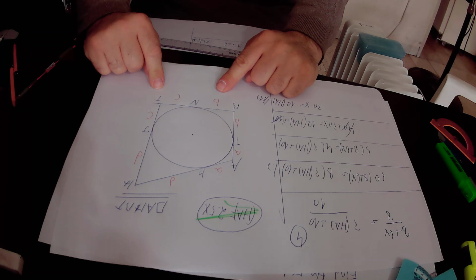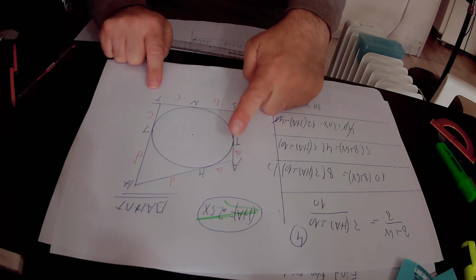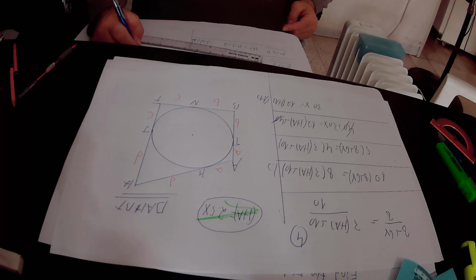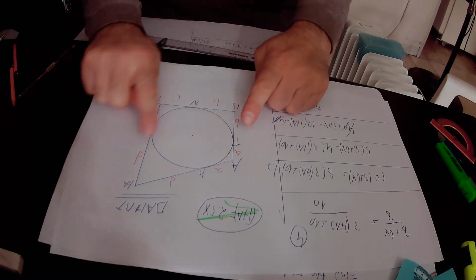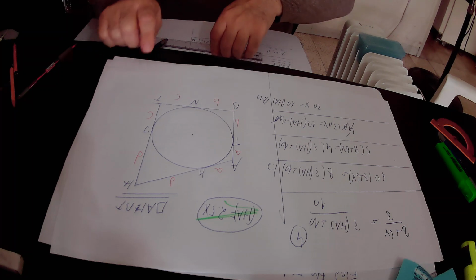It is B plus C. So in total, AH plus BT equals A plus B plus C plus D. Repeat again, it is very easy to see from the drawing that AH plus BT in total equals A plus B plus C plus D.